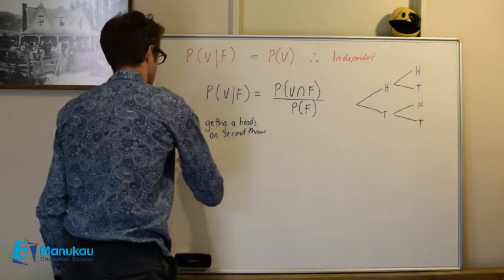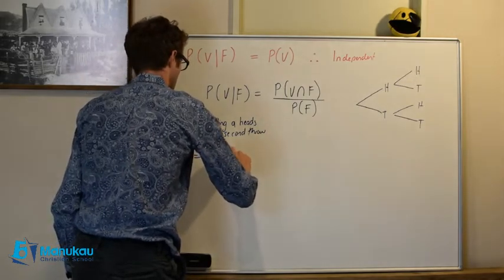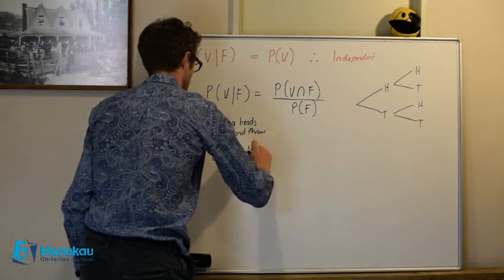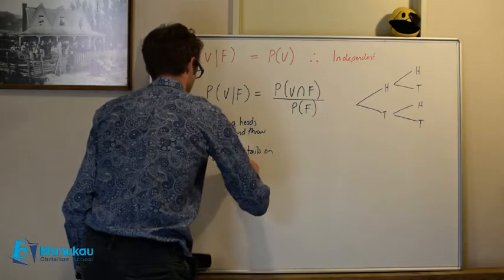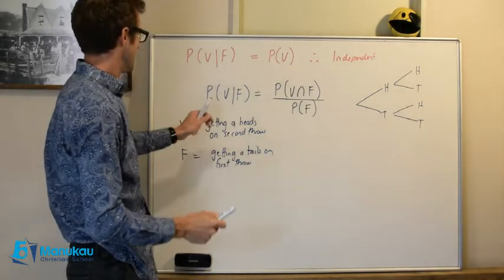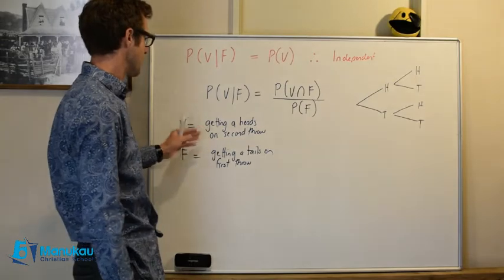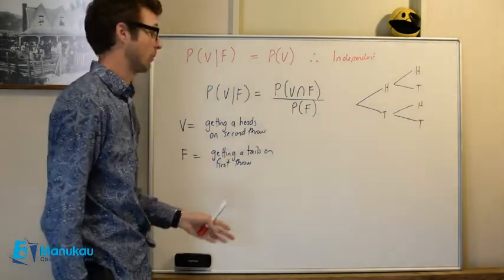F is equal to getting a tails on the first throw. Now let's consider V given F. In other words, that we get a heads given that we got a tails on the first throw.